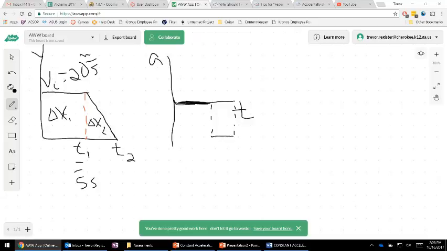But I still want to use delta x, because delta x does represent the change in position or the distance traveled. And finally, let's shade these in to show that the delta x's are areas. I'll use two different colors too, just to emphasize that we've got two different shapes here. Now, the last thing I need to add is my final velocity, which is just going to be 0 because the car comes to a stop.